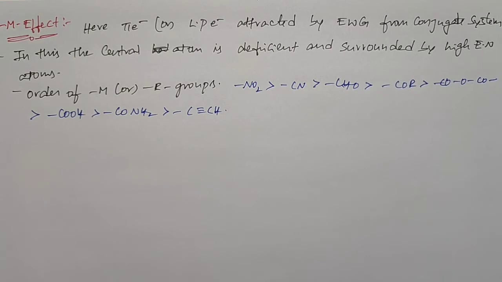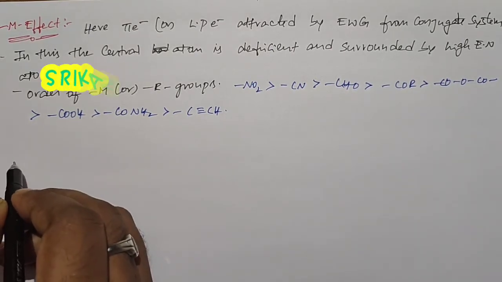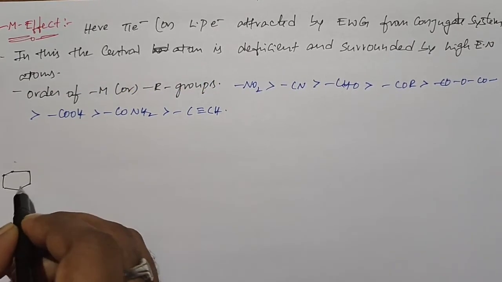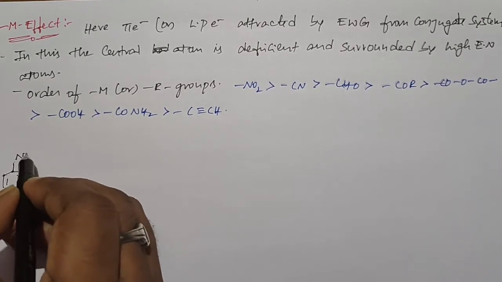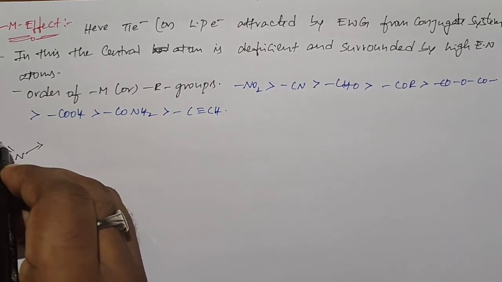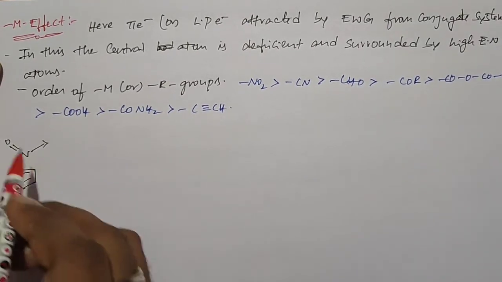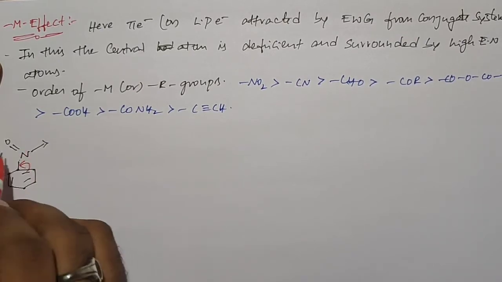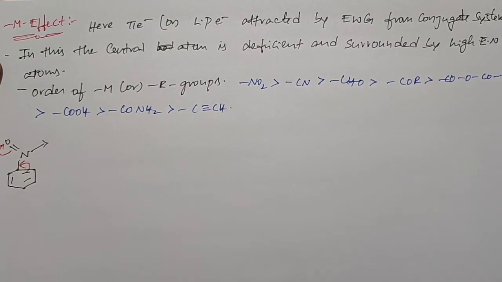So for this, I just want to give an example. I just take nitrobenzene. So this is nitrobenzene. In nitrobenzene, at first if you take its resonance structure, these pi electrons are shifting towards here as pi electrons, and these pi electrons shift towards the oxygen as lone pair electrons.